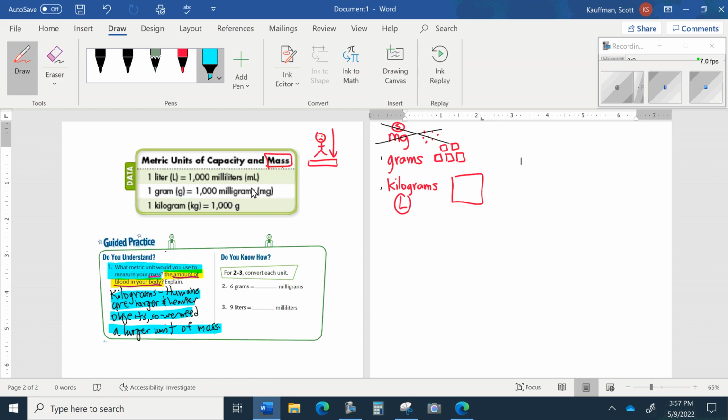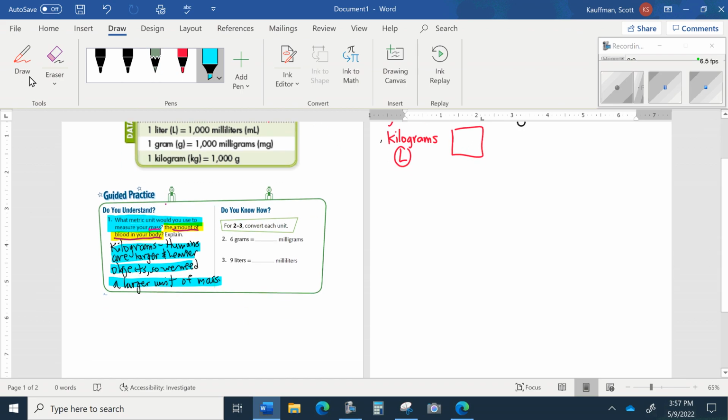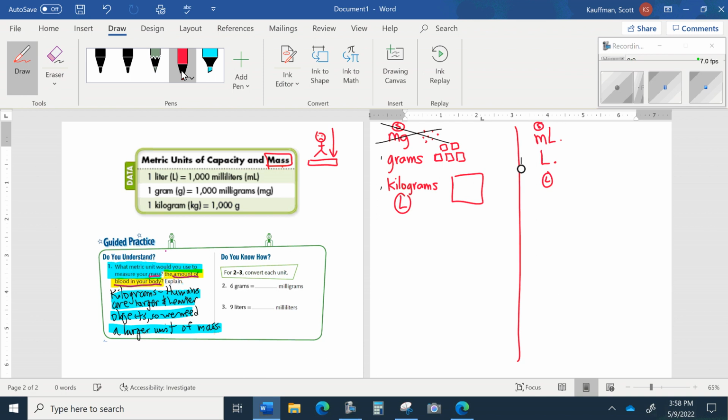Okay? Now, for the second one, what unit of measure would we use to measure the amount of blood in our body? Okay? So, if we were using capacity, we would use milliliters, and then we would use liters. That's the smallest, and that's the largest.